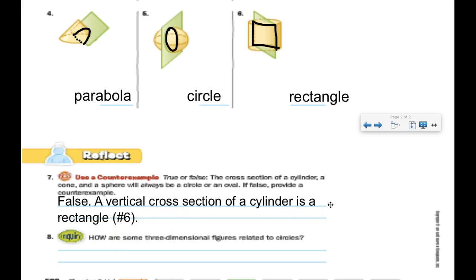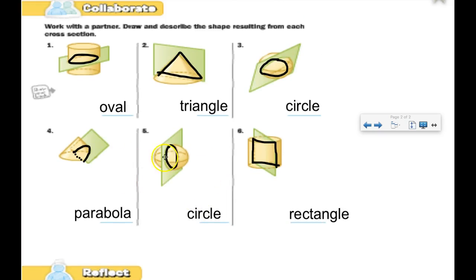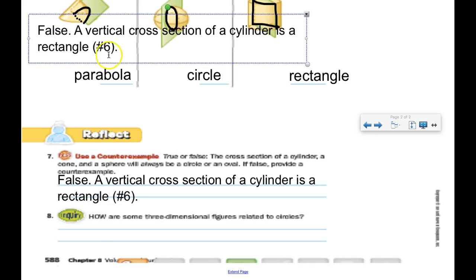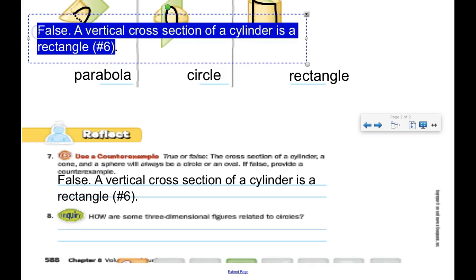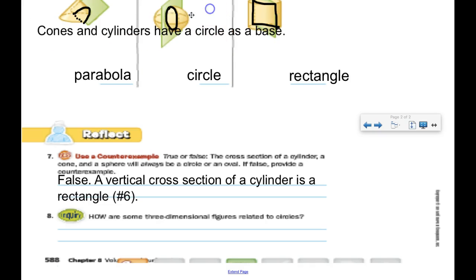And so then my final question, how are some three-dimensional figures related to circles? Well, first of all, cones and cylinders have a circle base. That's definitely something you want to mention.